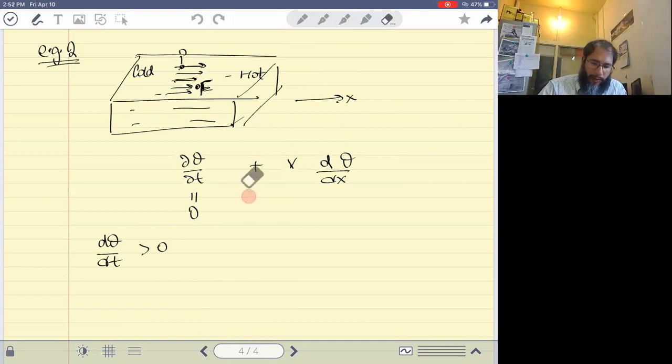Well, let's call it y, because x we have been using extensively for material and spatial coordinates. Let's call this coordinate y. So the spatial gradient is nothing but d theta by dy.